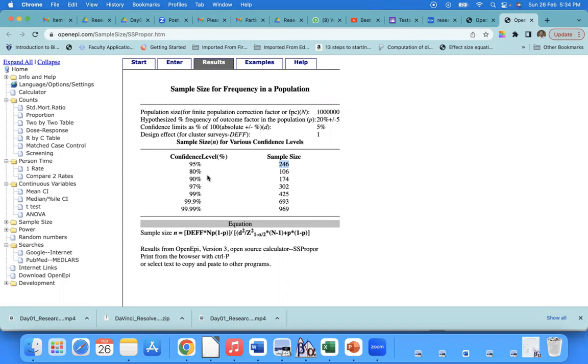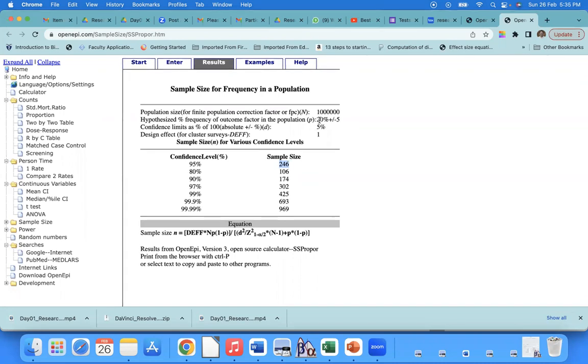So you have to put that in the proposal: assuming that the prevalence of hypercholesterolemia in the community is 20% with a precision of 5% for a 95% confidence level, the minimum sample size was calculated as 246.